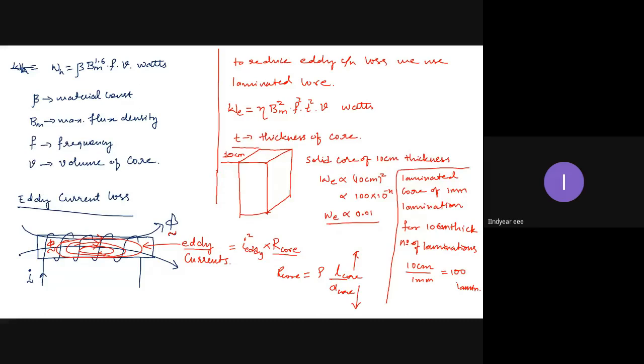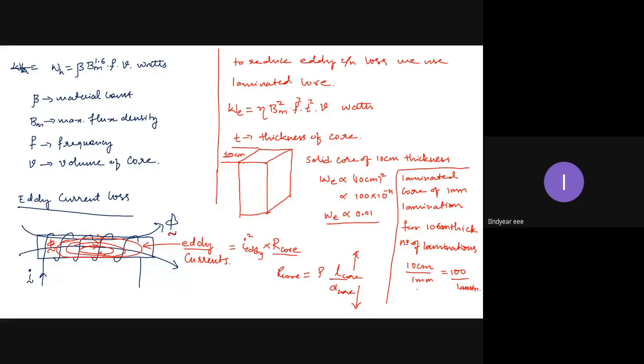So I will get 100 laminations. You can imagine a thickness of book. Thickness of book is formed by thickness of each page. So each page is 1 lamination. To get a sufficient thickness of the book, I will stack such number of pages. So 1 lamination is of 1 mm.